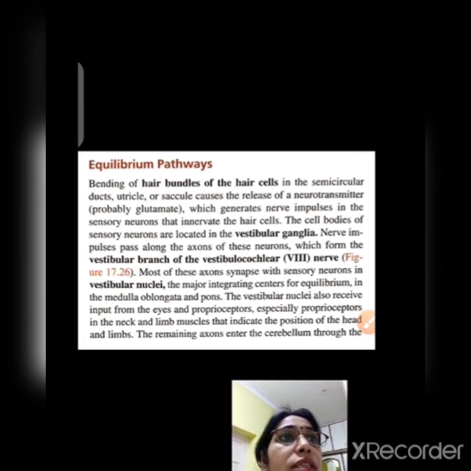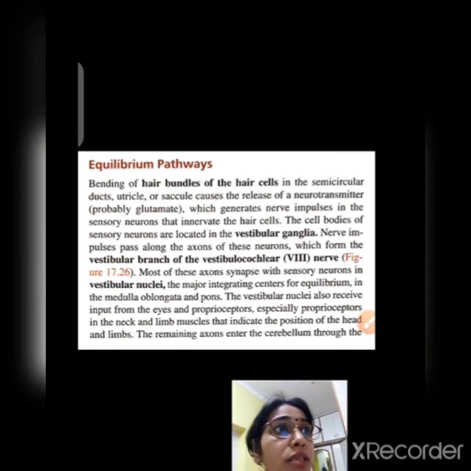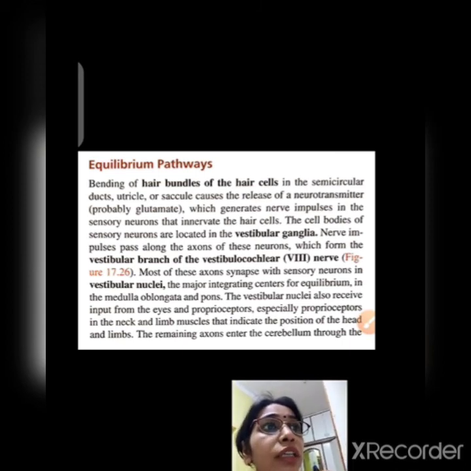Nerve impulses pass along the axons of these neurons, which form the vestibular branch of the vestibulocochlear nerve. Most of these axons synapse with the sensory neurons in the vestibular nuclei, the major integrating centers for equilibrium in the medulla oblongata and pons. The vestibular nuclei also receive input from the eyes and proprioceptors, especially proprioceptors in the neck and limb muscles that indicate the position of the head and the limbs.